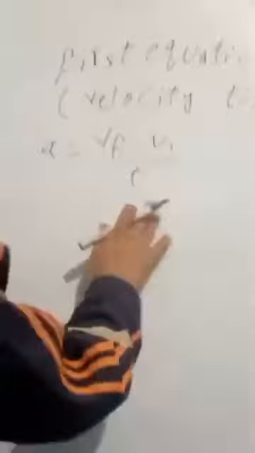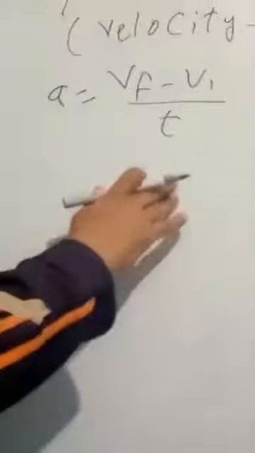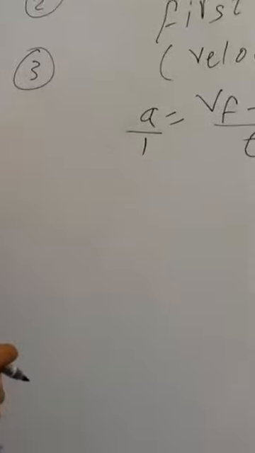From this equation, we can deduce the first equation of motion. The denominator of a is 1. Any quantity that hasn't a denominator, you can make its denominator 1.